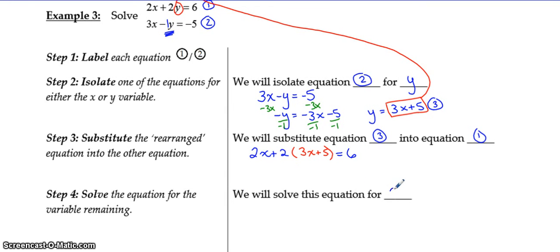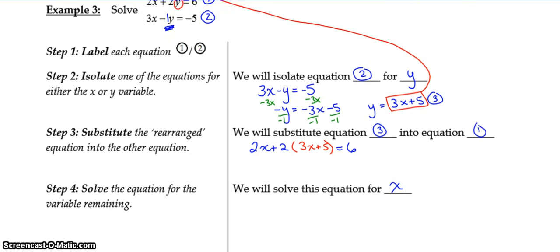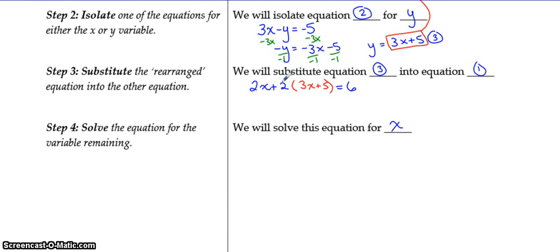Now use your grade 9 equation solving skills to solve that for x, which means you'll have to use distributive law right there. So we're going to start with 2x plus 2 times 3x is 6x. 2 times 5 is 10, and that's equal to 6. Collect like terms. 2x plus 6x is 8x.